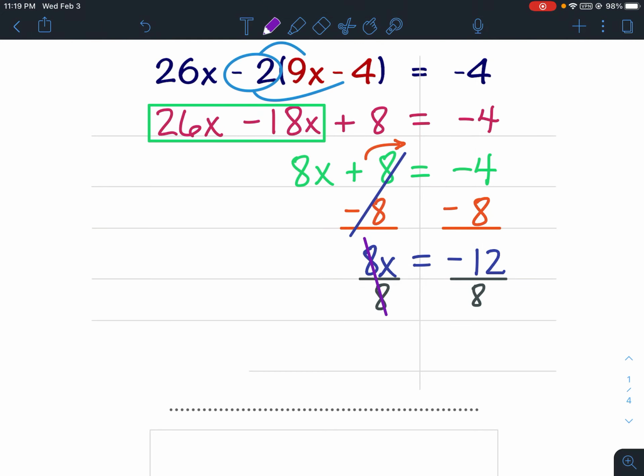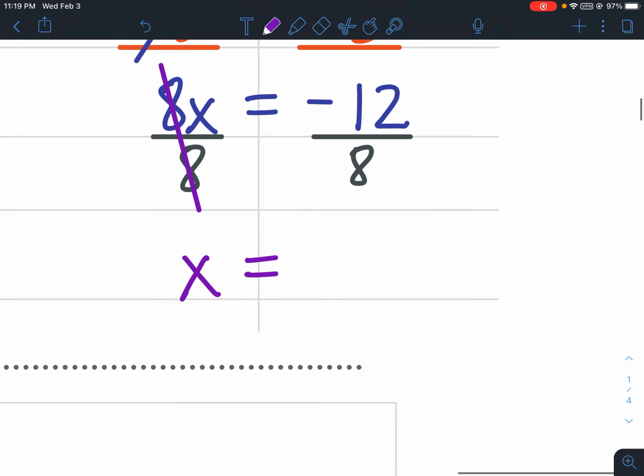The 8's will cancel. Bring down the x equals. Now, if you put that in your calculator, you might get negative 3 over 2, but I want these answers in decimal form. So negative 3 divided by 2 is negative 1.5.